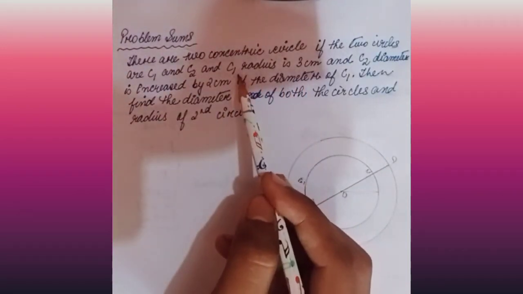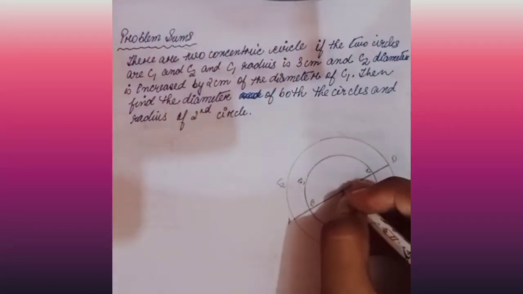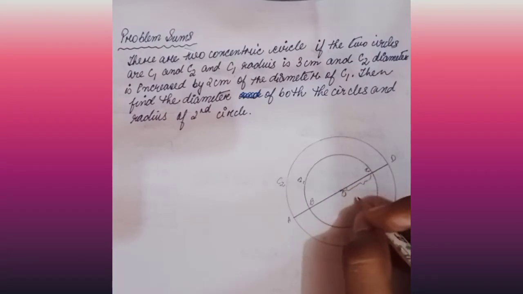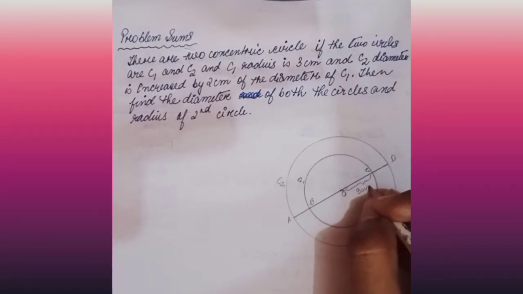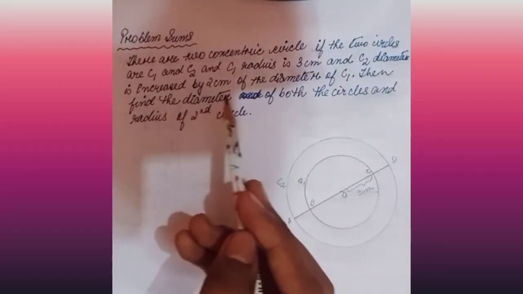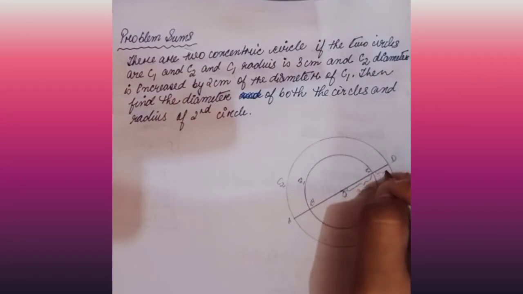Then C1 radius is 3 cm, meaning OC is 3 cm. And C2 diameter is increased by 2 cm. This one is 2 cm.